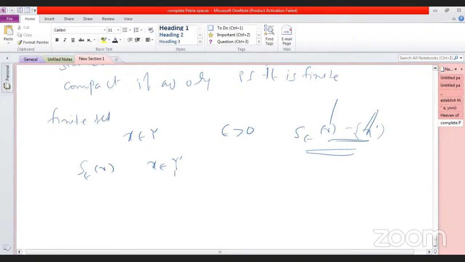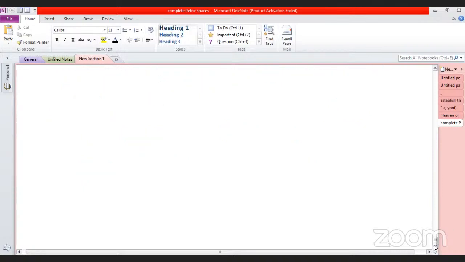Then another theorem. So therefore, next one, a compact subset.